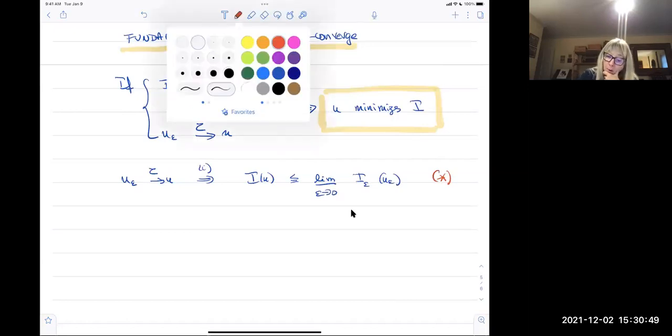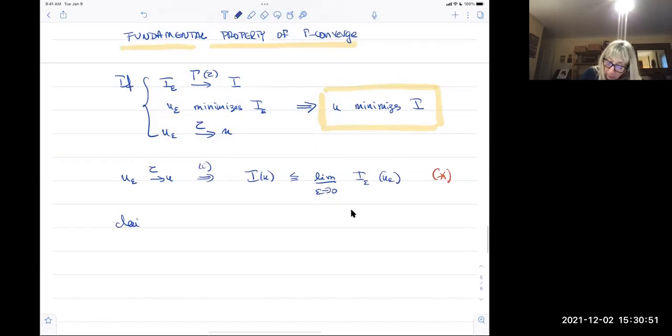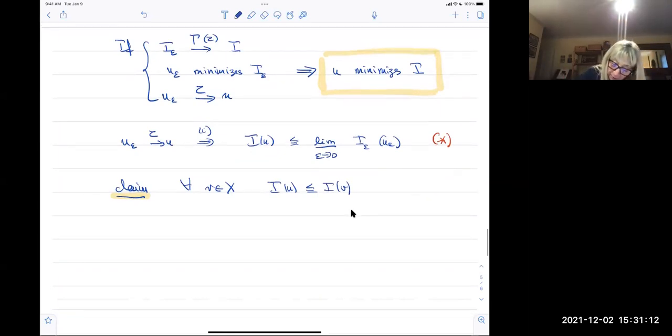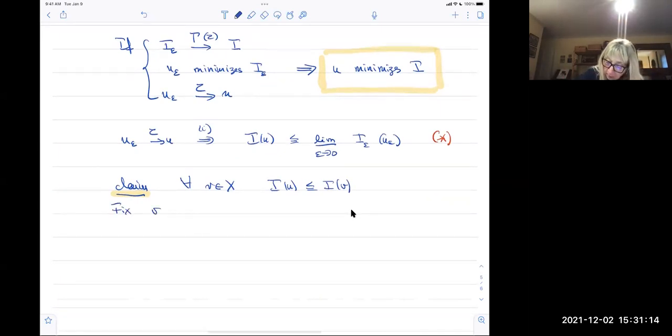My claim is that for all V admissible, I of U is below I of V. I'm trying to prove that it's a minimizer. That's my claim. Okay, so pick an arbitrary V, so fix V arbitrary in X.